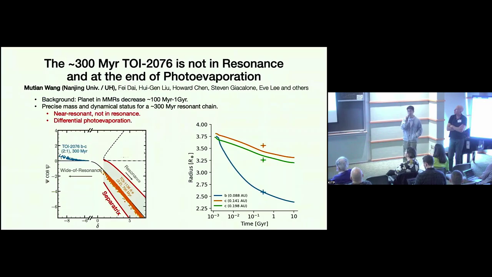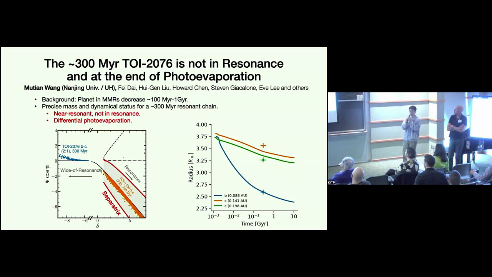So there might be a dynamical sculpting process that is responsible for the lower resonant fraction we see in the mature Kepler planet systems. And in this work, we are looking into a particular system that is right at the age bin where this dynamical sculpting is about to occur.